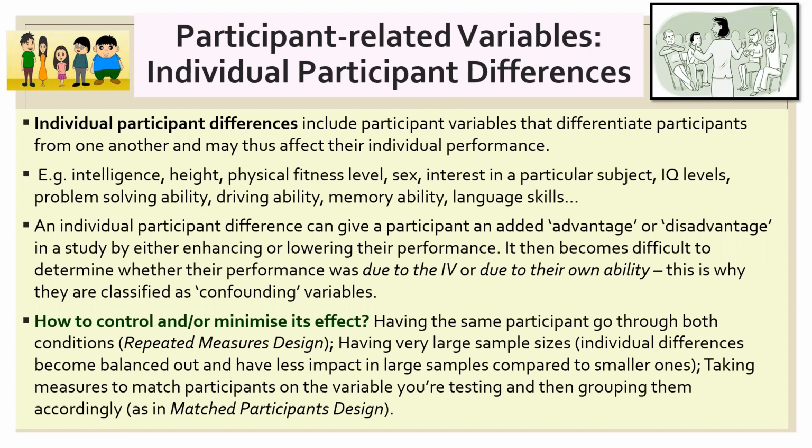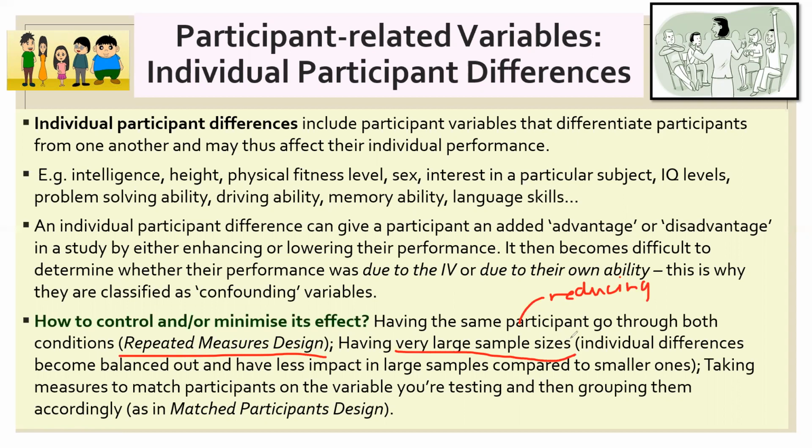Okay, so in order to control for or minimize the effect of potential confounding variables, we need to either use a repeated measures design, where the same participant goes through both conditions, so we're reducing those individual differences there. We need to have a very large sample size.